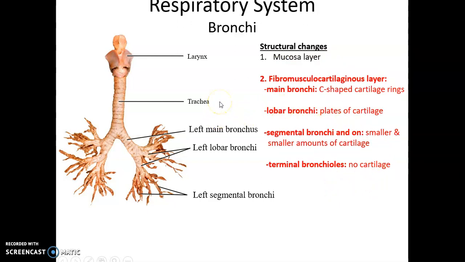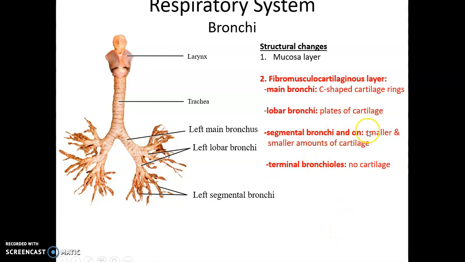The submucosa is basically the same, and then the fibromusculocartilaginous layer changes. The main bronchi are structurally very similar to the trachea with those C-shaped cartilaginous rings keeping it open. The lobar bronchi have less cartilage tissue, so instead of C-shaped cartilaginous rings, it is more like plates of cartilage.